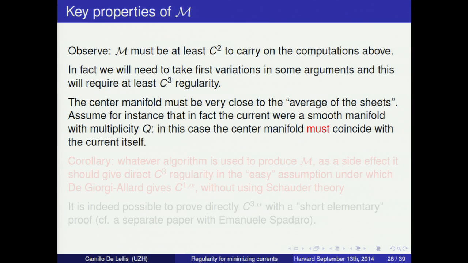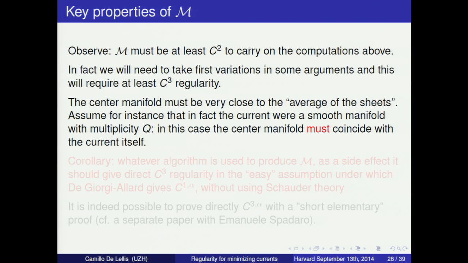Now, you can make a Gedanken experiment, which is the following. Assume your current is extremely regular, and you are lucky: it's actually Q times a minimal surface. Assume you know it. Then your average had better be your minimal surface. And you are not allowed any mistake, because Dn squared is never going to win compared to a displacement which is not exactly averaged.